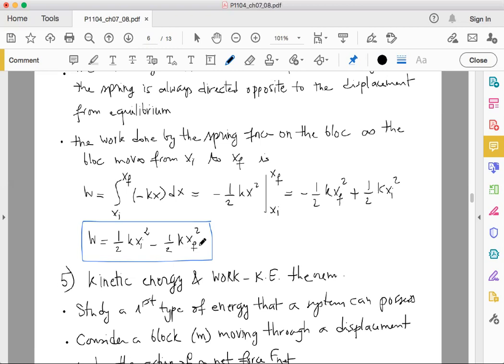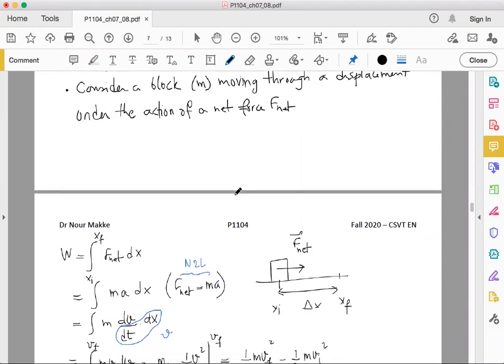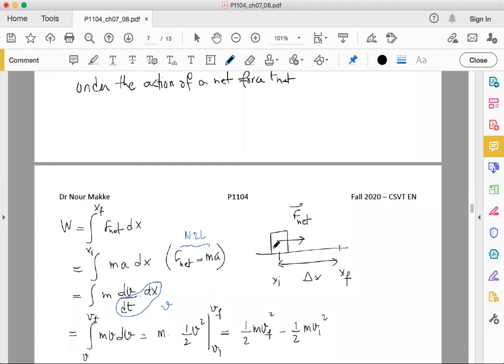Okay, let's move on now to a very important theorem, and also to a section where we are going to describe the first type of energy, which is the kinetic energy. So let's consider a block of mass M that is moving through a displacement under the action of a net force F net. So you have here, this is the block.